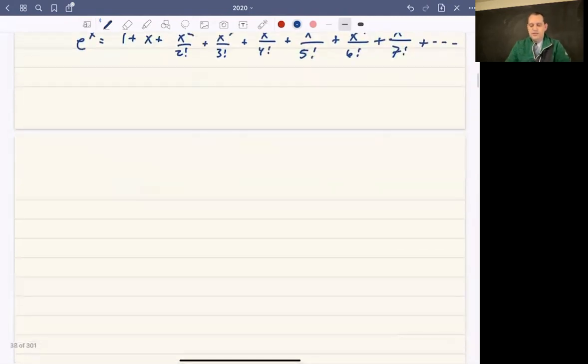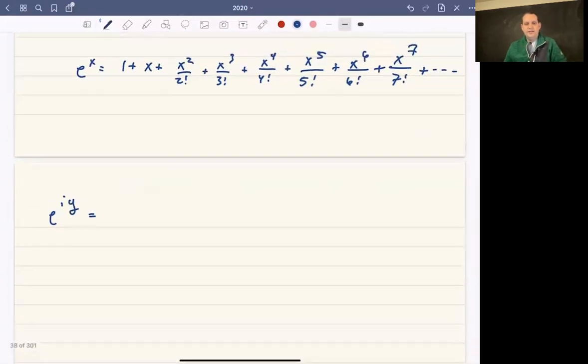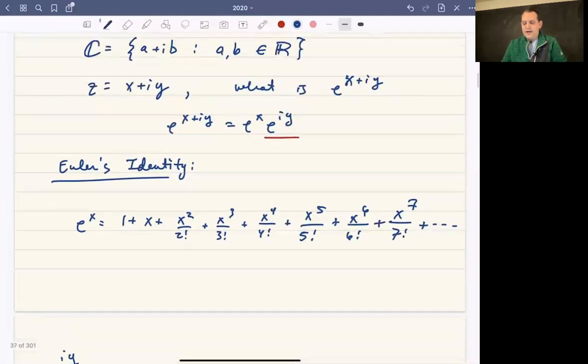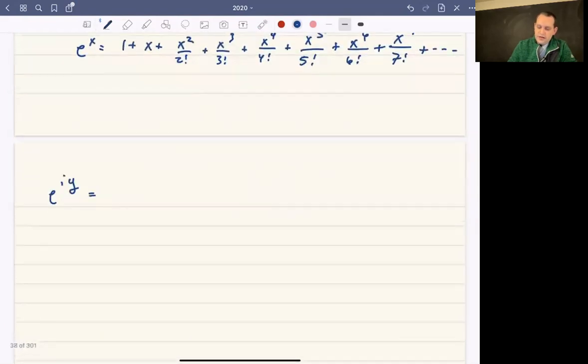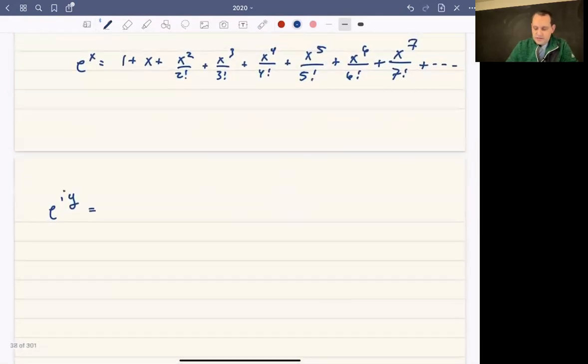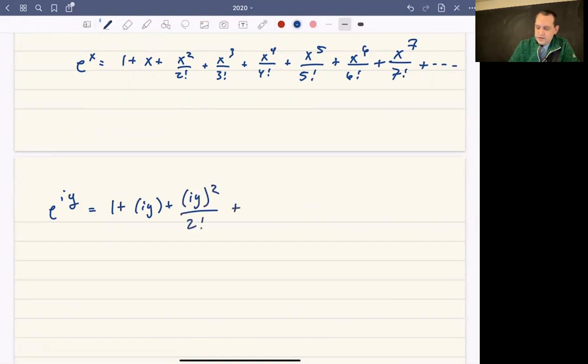Now let's think about what e to the iy is. If I were to take all the x's and replace them with iy, remember that i squared has the magic property that when you square it, you get -1. So if you look at e to the iy in power series form, this is going to be 1 plus iy plus (iy) squared over 2 factorial plus (iy) cubed over 3 factorial, and so on.